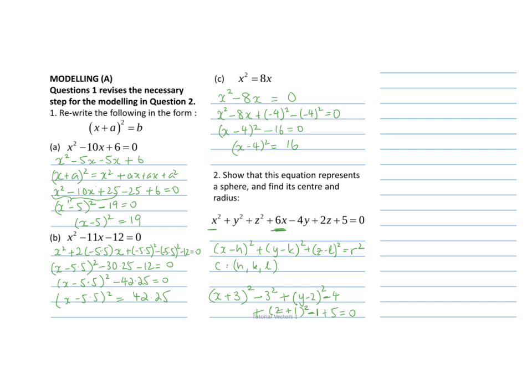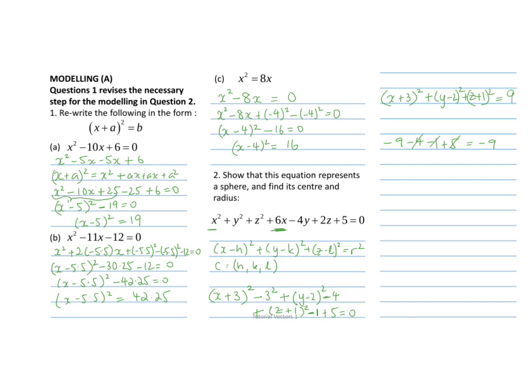So we collect our parts of the sphere. (z + 1)² is equal to, now let me just do this as an aside. So we have minus 9 minus 4 minus 1 plus 5. That goes there, so it's minus 9. So we're going to move that minus 9 to the other side, so we're adding it.